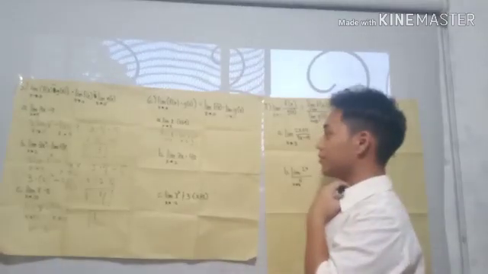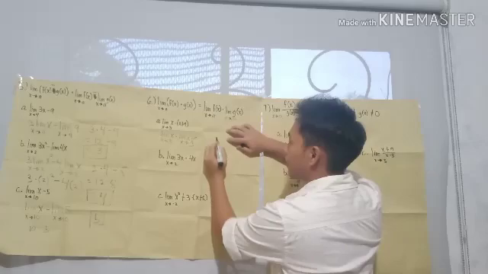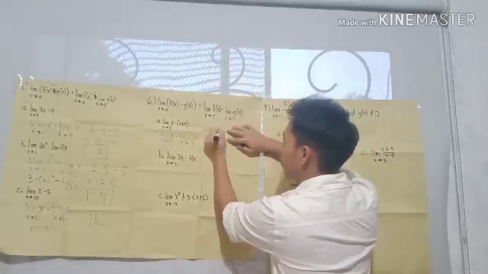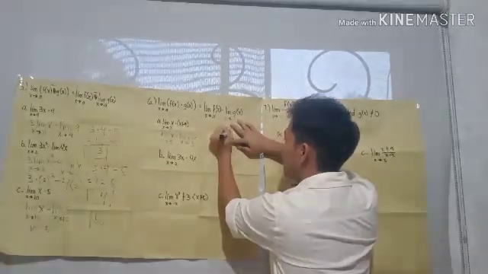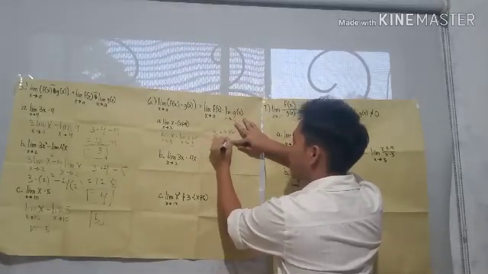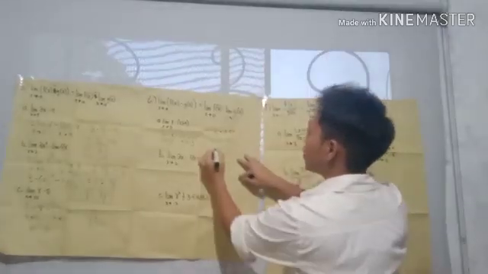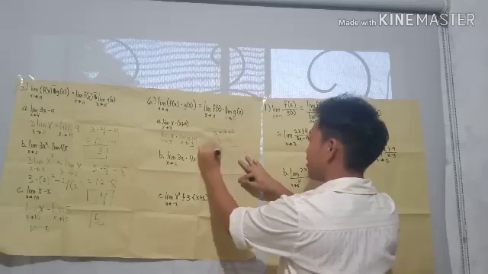Now let us substitute the value of x. So 3 multiplied by 3 plus 9. Evaluate. 3 multiplied by 12 is equal to 36.